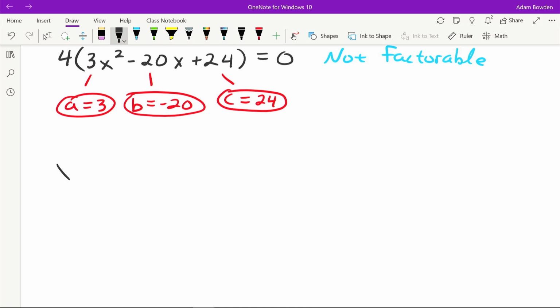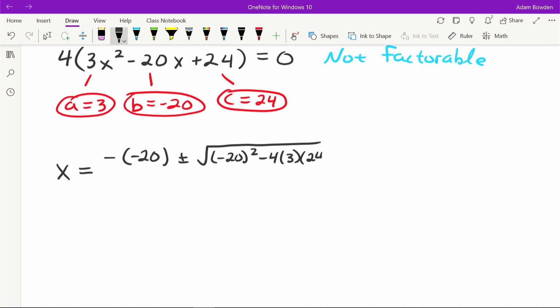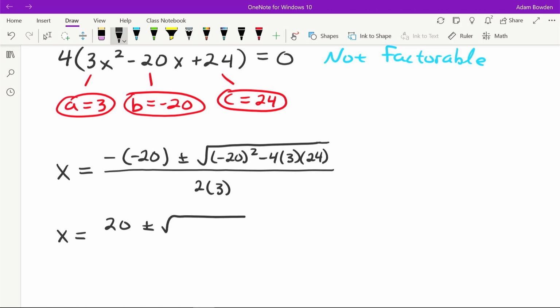So if I plug this into the quadratic formula, it's going to look like negative negative 20 plus or minus the square root of negative 20 squared minus 4 times 3 times 24 all over 2 times 3. Simplifying that would make it look like 20 plus or minus the square root of 112 all over 6.